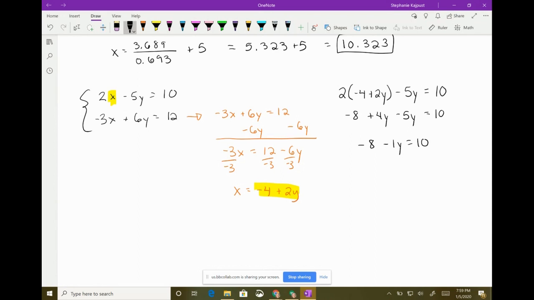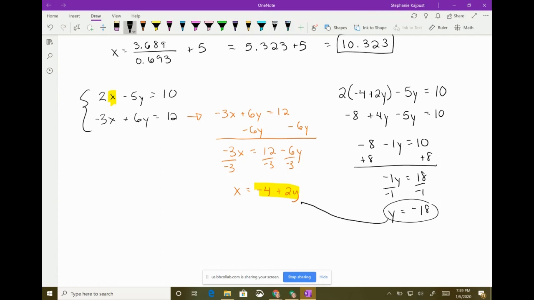Now I have that negative 8, and I want to solve for y, so I'm going to add 8 to both sides. That gives me negative 1y equals 18. So you don't want to forget that negative that's in front of the y. So we need to divide both sides by negative 1, and this gives us y equals negative 18. It's a big number, but it actually is a whole number.